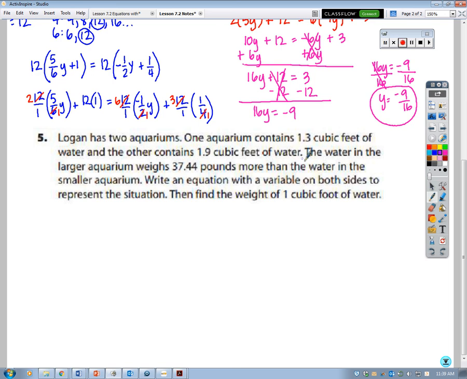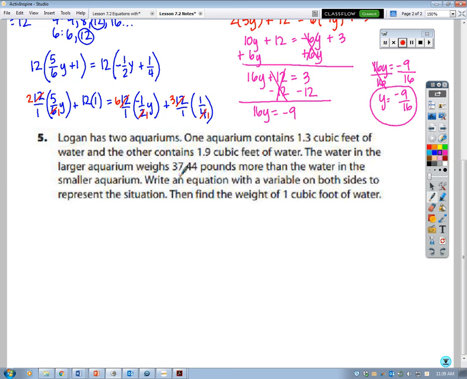The water in the larger aquarium weighs 37.44 pounds more than the water in the smaller aquarium. Write an equation with a variable on both sides to represent the situation. Then find the weight of 1 cubic foot of water.